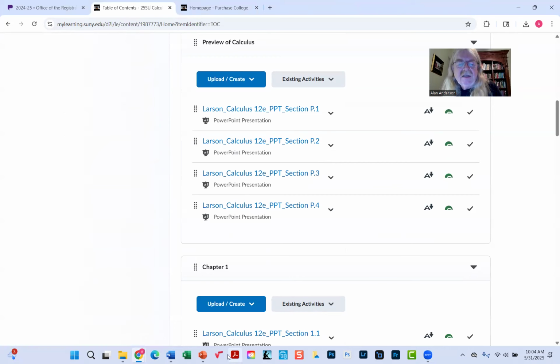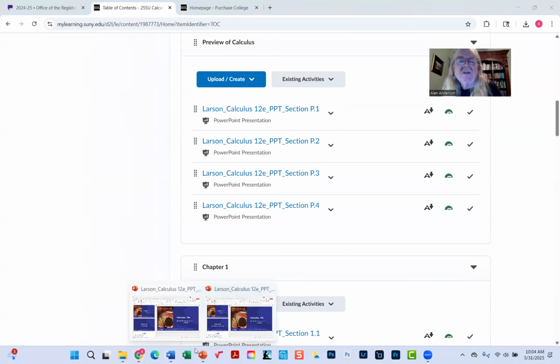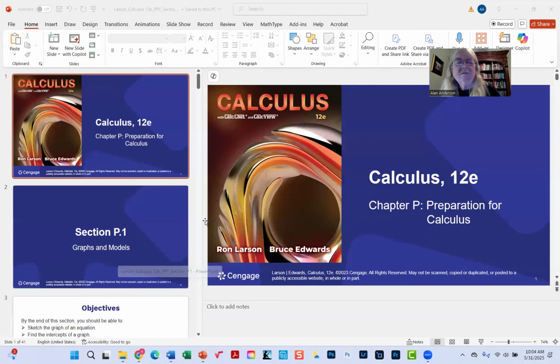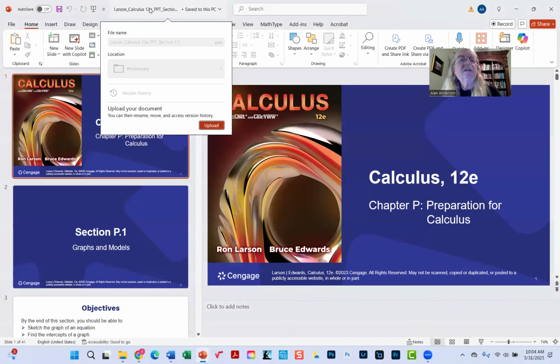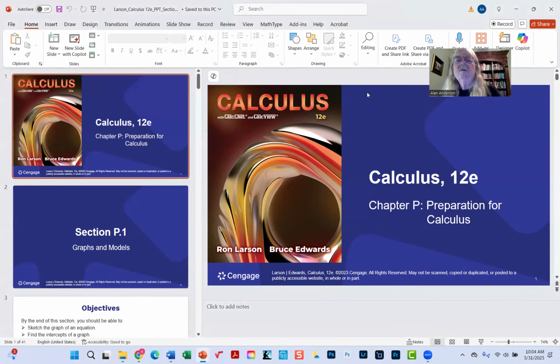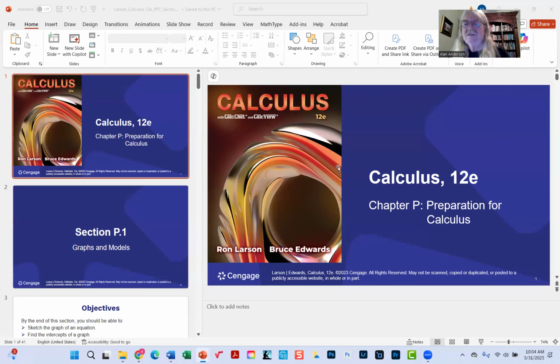Now, by the way, some of this stuff is going to seem really elementary, but we do have to review all of this stuff. So, we'll get started right now. Let me make sure it's the right one. Yeah, this is it. So they're going to have us start by reviewing very briefly graphs.